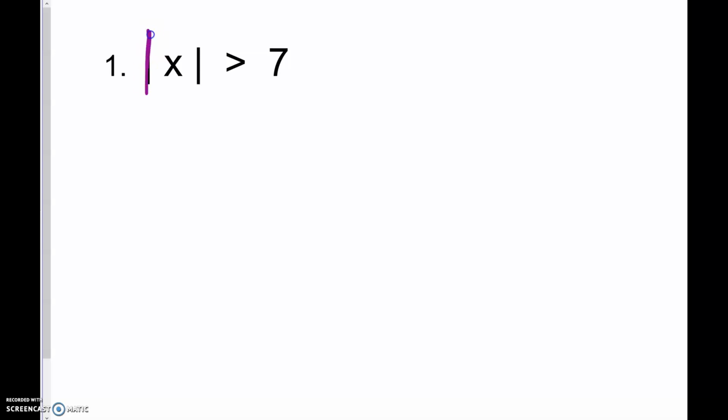So if it says absolute value, symbol, number, we can go set up our two cases right away. So we have x is greater than 7, and then our second case is x. Remember, we're going to flip our inequality sign, and we're going to make this be a -7.